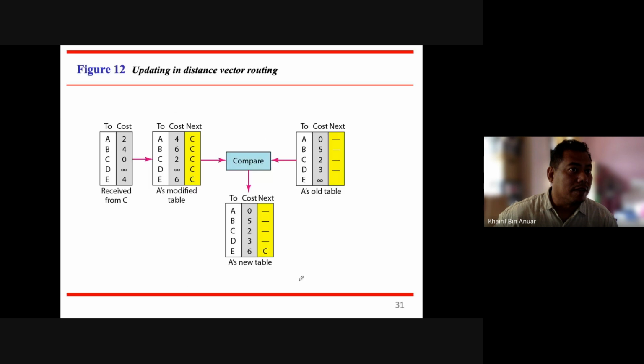So it needs to compare with the information that it received from the neighboring node.